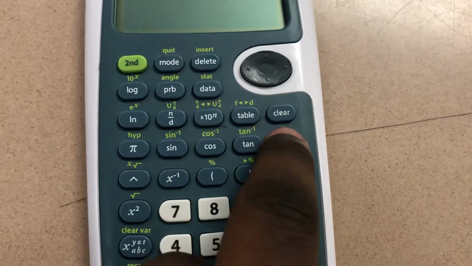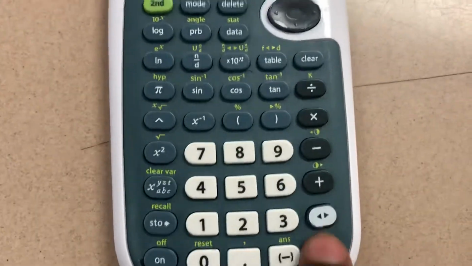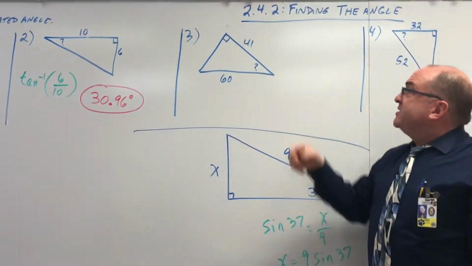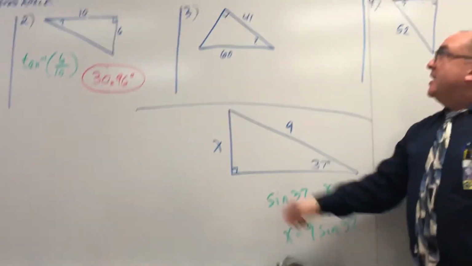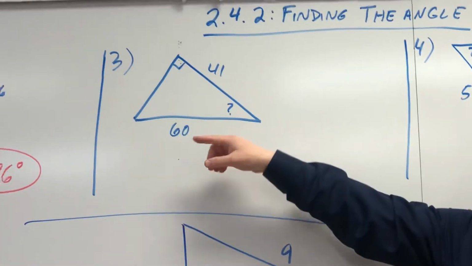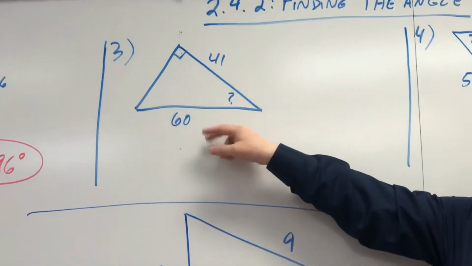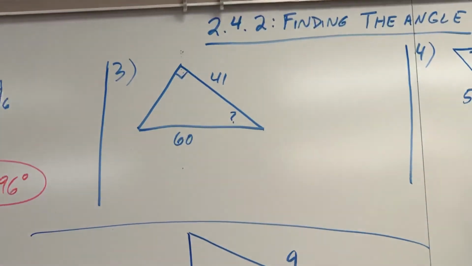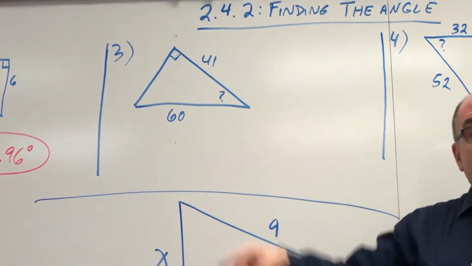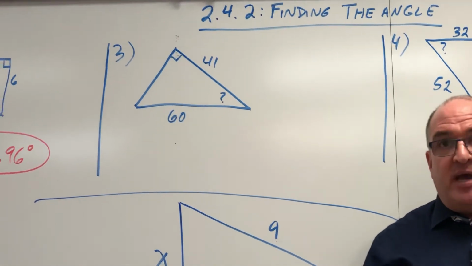All right. Next one. Over here, we're looking for this angle. Okay. Is 41 opposite, adjacent, or hypotenuse? Adjacent. It's adjacent, right? And 60 is the hypotenuse, because it's across from the right angle. So which one is A and H? Cosine, right?